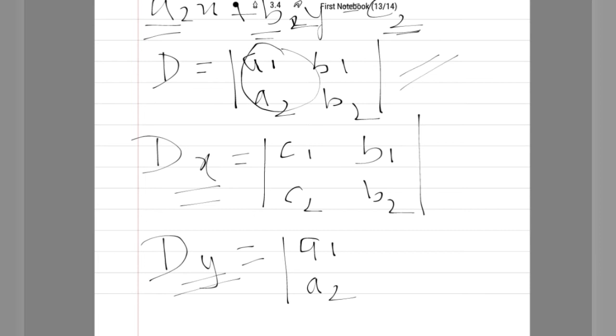This is how we form the determinants, that is d, dx and dy. Okay, this is the formation of determinants. And now how to solve these determinants is, wait, just let me erase this.